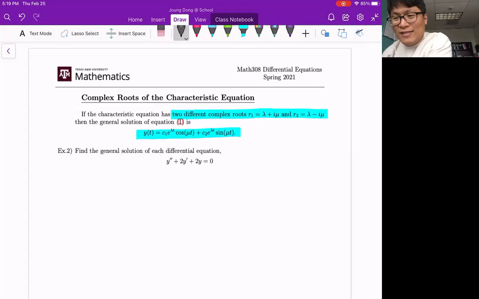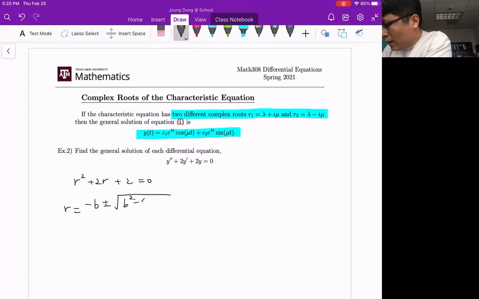It is a homogeneous second order linear differential equation with constant coefficients, right? Then the characteristic equation is r squared plus 2r plus 2 equal to 0. We should use the quadratic formula. Let me write it, just to make sure you remember this formula: r equals minus b plus or minus the square root of b squared minus 4ac over 2a.